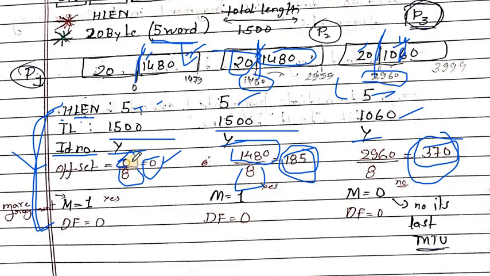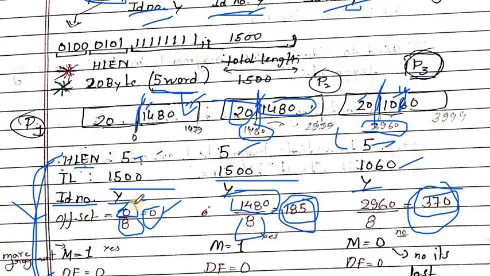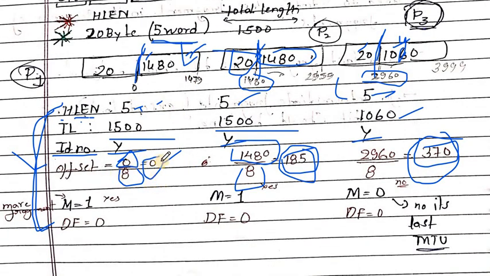So why do we use the offset value? The offset value is used to check the sequence of the packet segments. If the offset value is 0, it means this is the first fragment. Let's take that after 0, the receiver received 370.